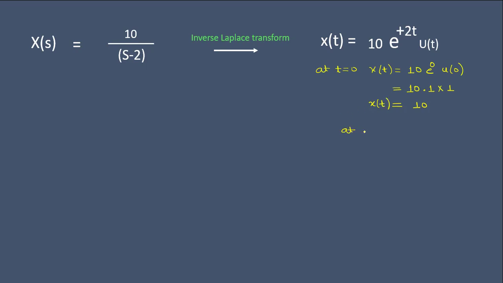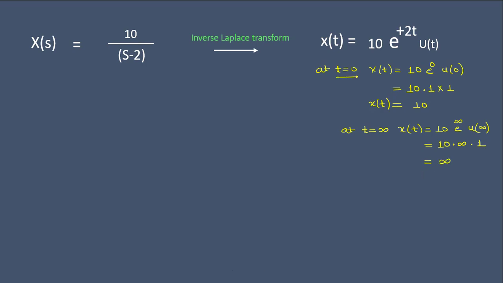Similarly, we can find the value for t equals infinity. I can write x of t equals 10 e raised to 2 into infinity, into u of infinity. So I will get 10 e raised to infinity, which is infinity, into u of infinity, which is 1. The value of x of t for t equals infinity will be infinity.